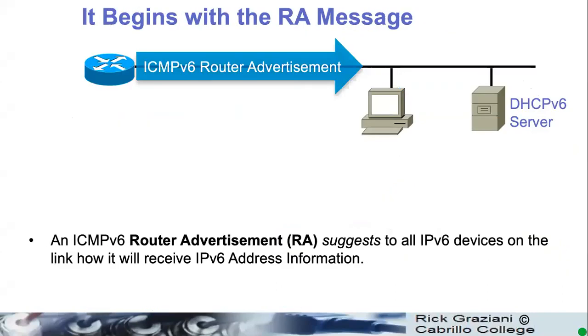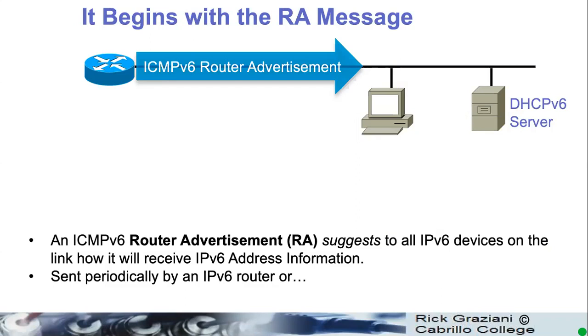Okay, so I mentioned it all begins with the router advertisement message. The RA message suggests to IPv6 devices how they should receive their IPv6 addressing information automatically.